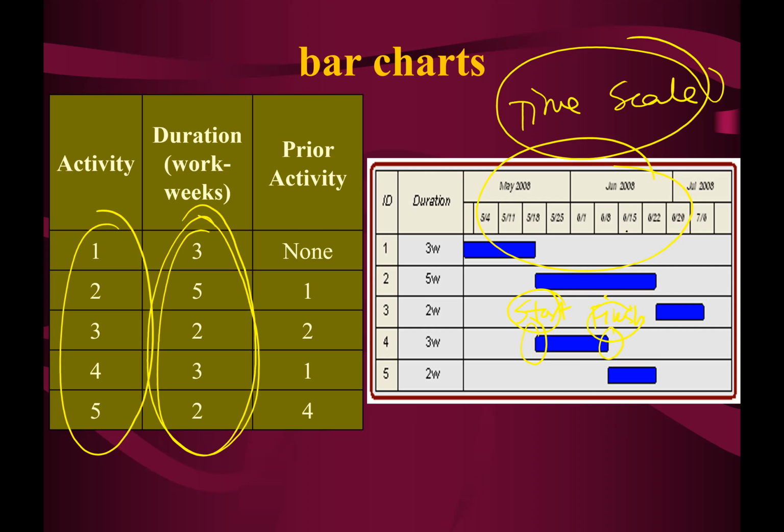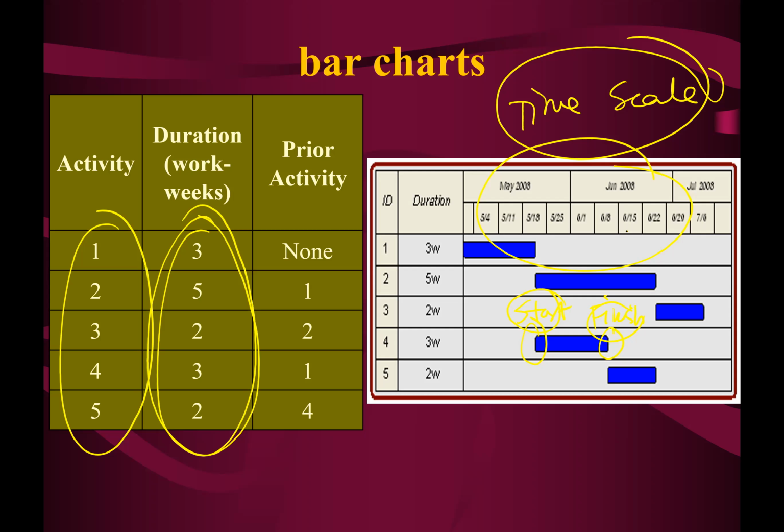But again, if we look at this bar chart, there is an issue: they are not being linked together. You do not know whether activity one has an immediate relationship with activity three or whatever. Okay, we do not know.